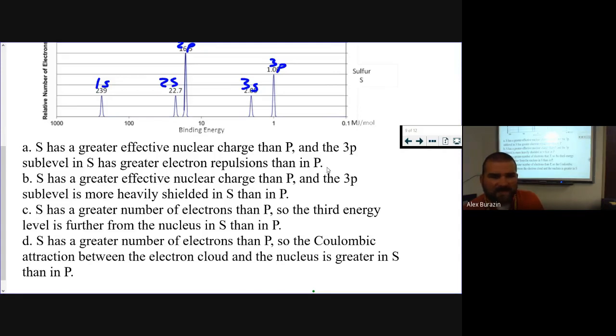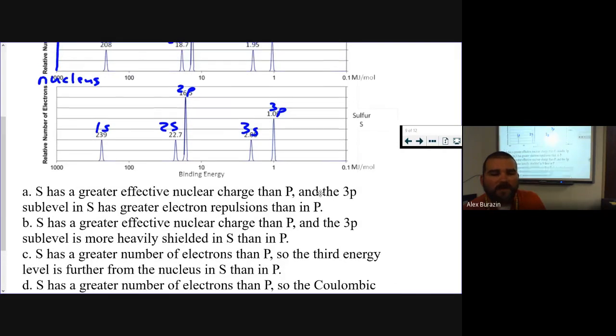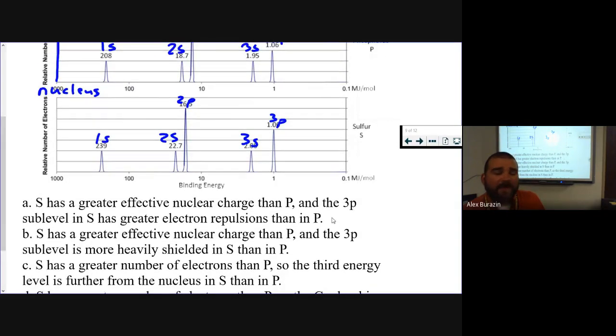Okay, let's look at that for just a second. Electron repulsion. This happens when you have electrons in the same orbital. Two electrons can exist in the same orbital. That's perfectly allowed as long as they're spinning in opposite directions. But that doesn't mean that there isn't repulsion. There absolutely is repulsion. We're still talking about a negative particle and a negative particle in the same area, right?